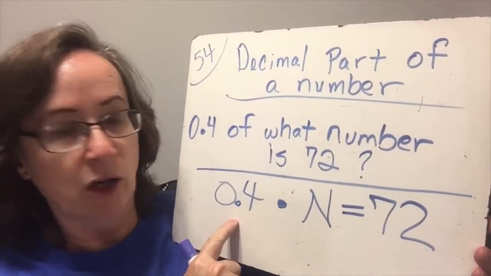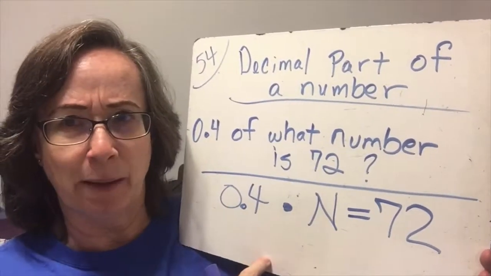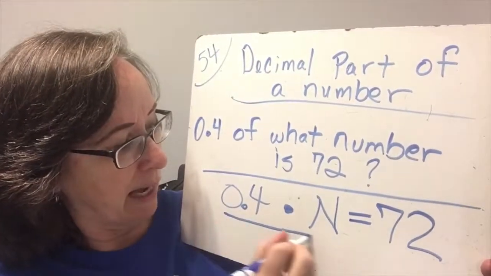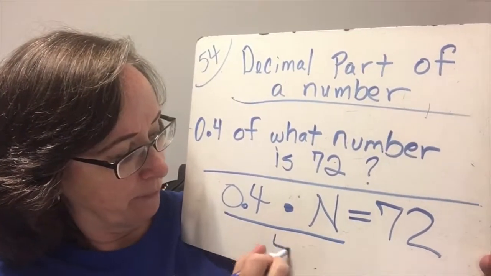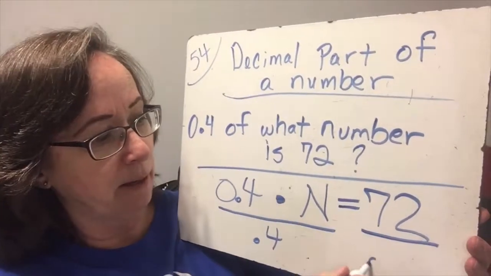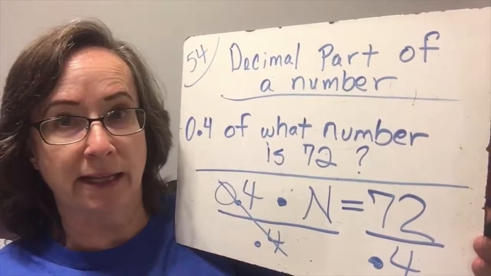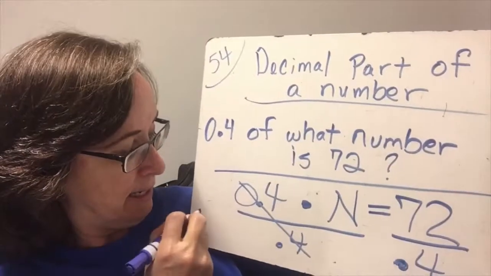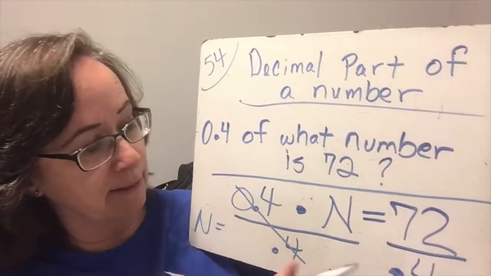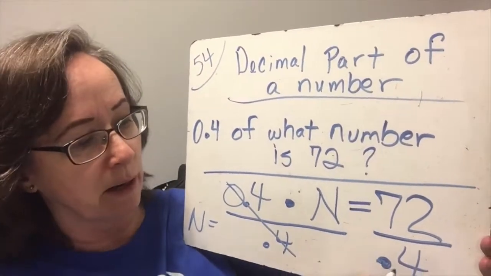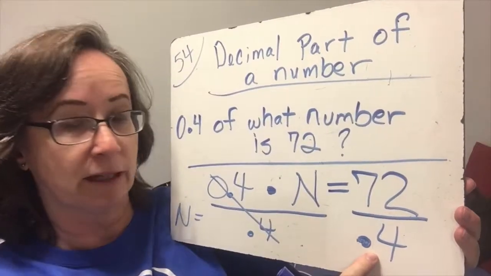So now, shouldn't I just divide this side by 0.4 and then divide that side by the same amount? So we're going to divide by 0.4 and we're going to divide by 0.4 over here. So now the 0.4s will cancel and I will get n equals, now 72 divides evenly by 4, but remember the 0.4 down here can be confusing.